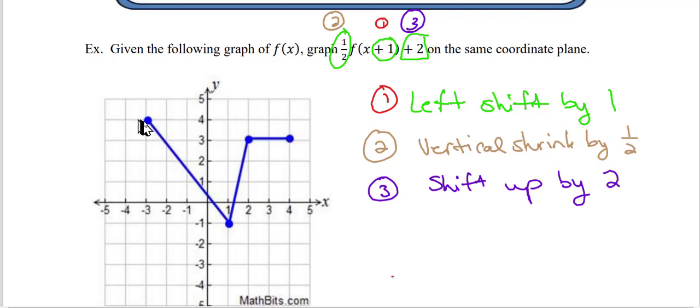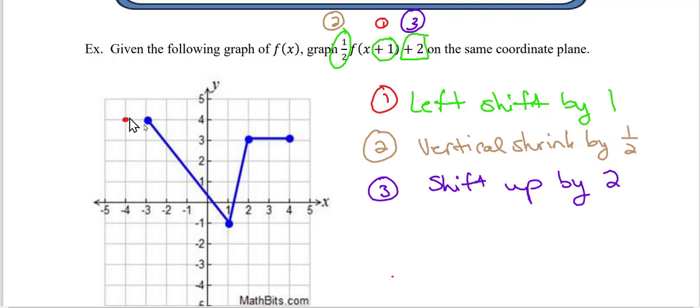I'm going to start with this point over here that is at -3, 4. If I shift it left 1, it goes over to the left 1 space. Shrinking it by 1/2 takes that y value of 4 and makes it 2. So I bring it straight down to be at -4, 2. Then I got to shift up by 2, takes it actually back up to this point.